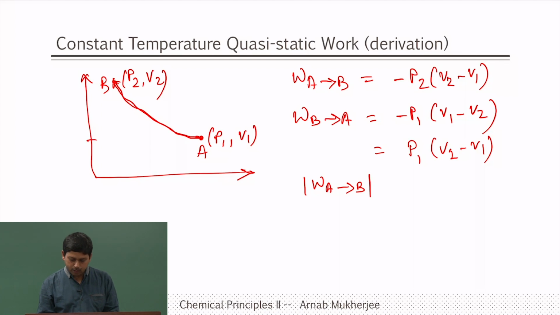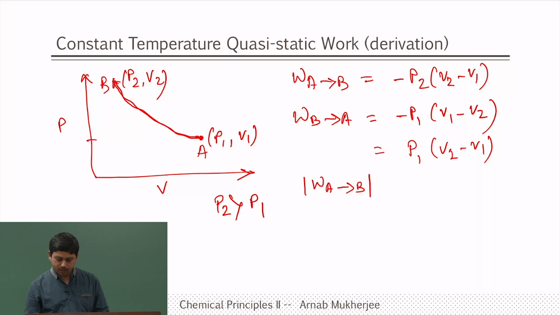Now, this is P and this is V. Now, we know that P2 is larger than P1. Therefore, W A to B is greater than W B to A, the magnitude of the work, right.